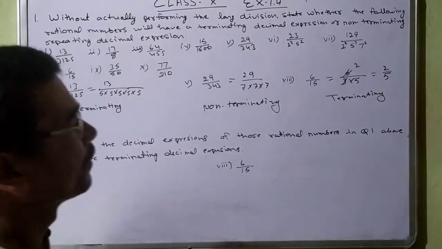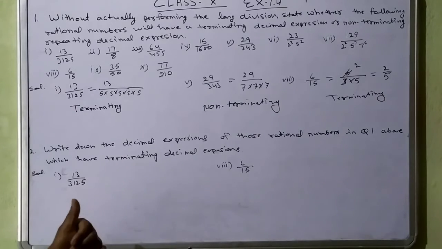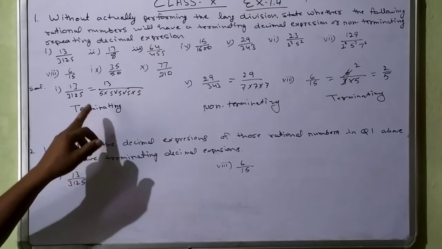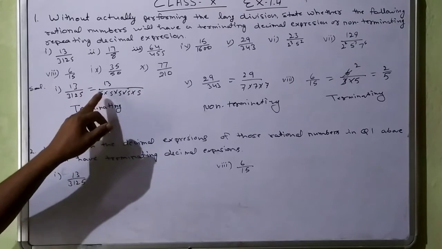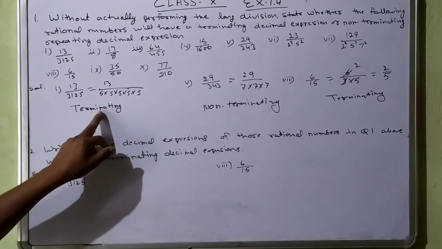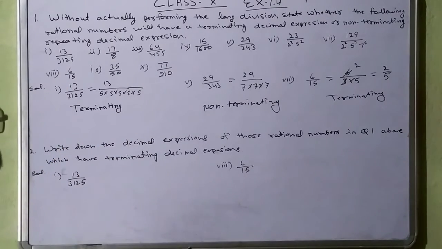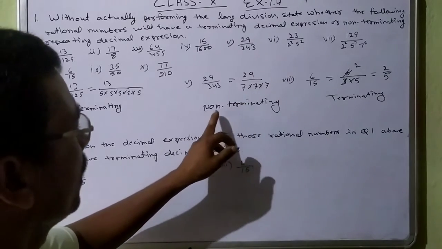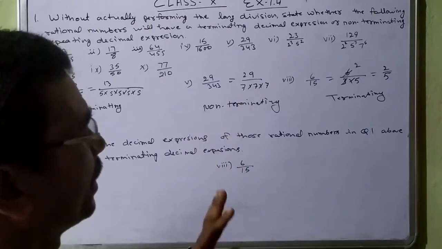Write it. Again see that, very important question this one. In terminating cases, if there is 2 or 5 or both, then it will be terminating. If other prime numbers are coming, then it will be non-terminating.